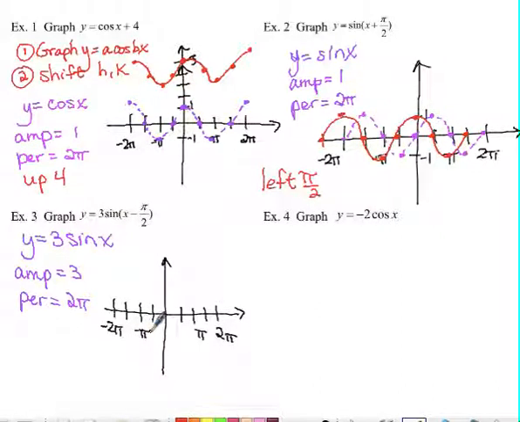My amplitude is 3, so I'm going to go up 3 and down 3. Now the sine curve starts at 0. So I go 0, up to amplitude, down to 0, down negative 3. This one, remember, is the dashed graph.